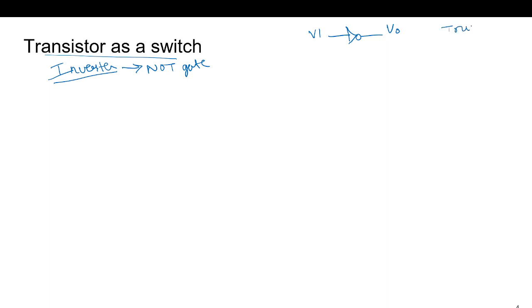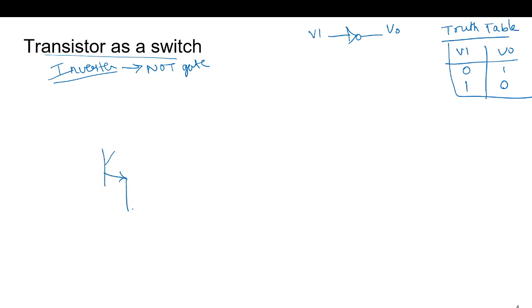And the truth table. Zero, output will be 1; 1, output 0. We will consider one BJT transistor.